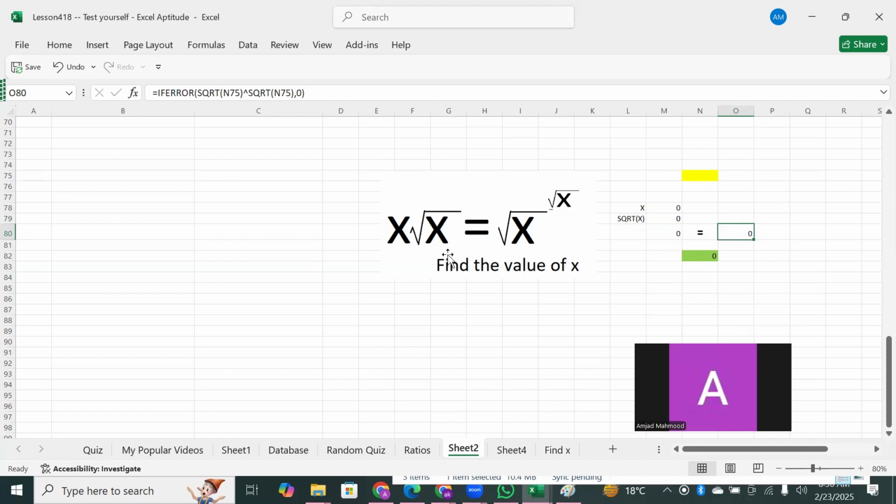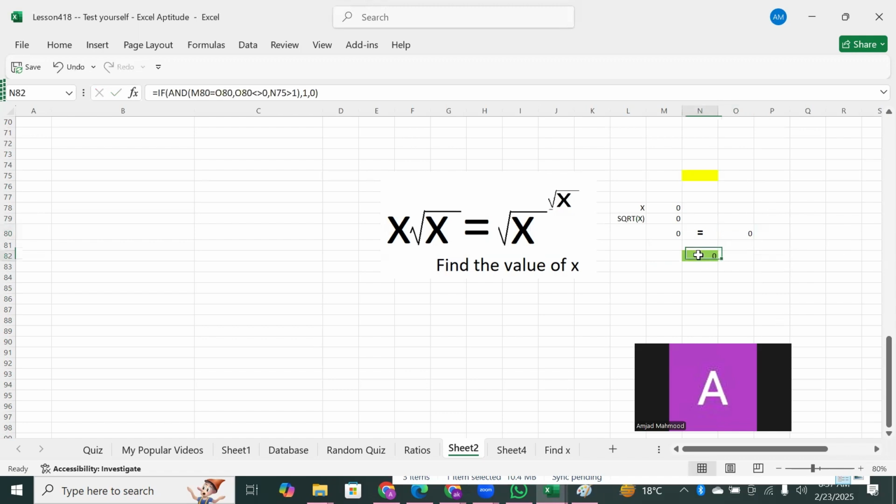So we have completed the setting for this. Let's do the setting for this. This is simply square root of x. So we can write many ways. For example, this is the square root of x raised to power square root of x. That's it. So raised to power is denoted like this.